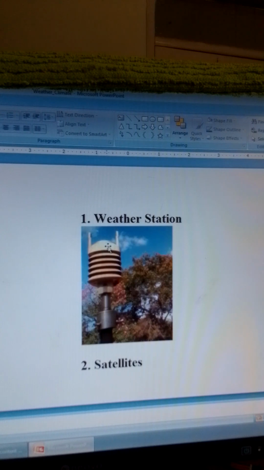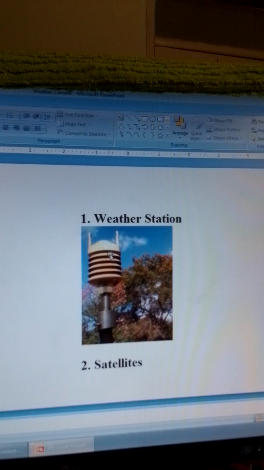And on top of this object, this surface is used to measure the amount of rainfall, because the surface is sensitive to the impact of raindrops. And these things here are called transducers. They are used to measure wind direction and wind speed.